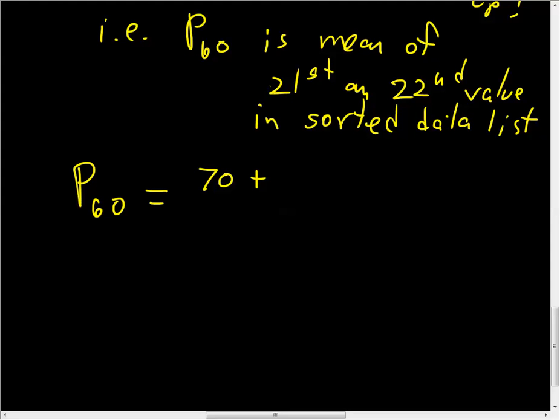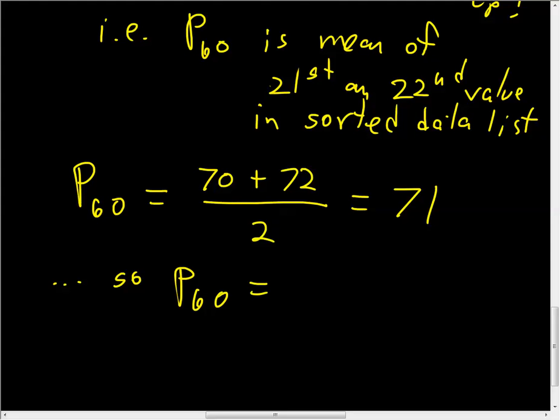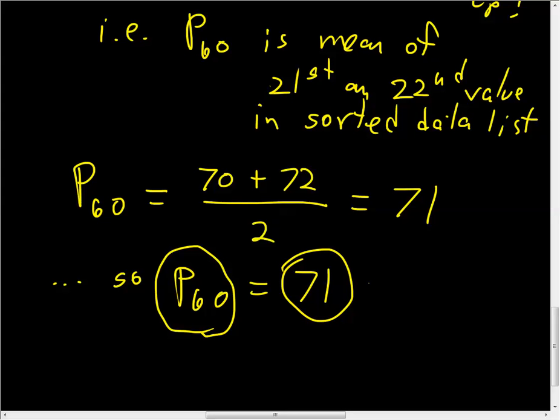So I take the mean of the 21st and 22nd value, and of course that's 71. We know that we are in millions of dollars here. So P sub 60 is 71. The 60th percentile in this data is 71, or in millions, $71 million.